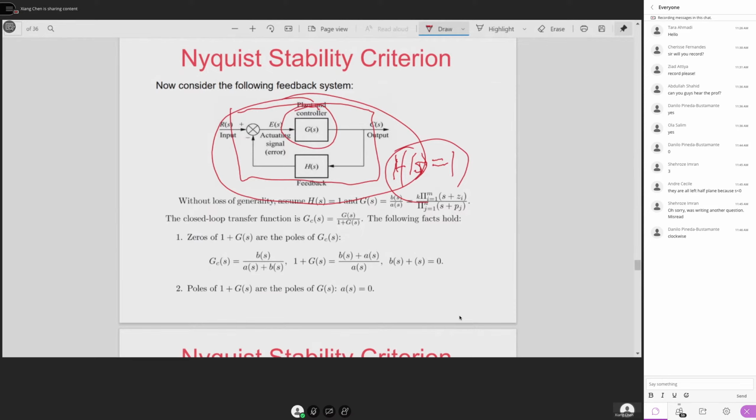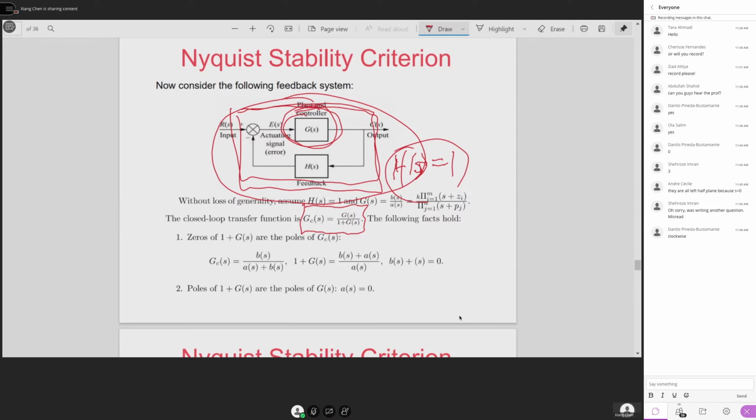In Control 1, I said many times that if we know the information of G(s), the open loop system, then I can predict what's going on for the closed loop system. The closed loop transfer function is this one. It will be nice if we can have this kind of rule to be applied.